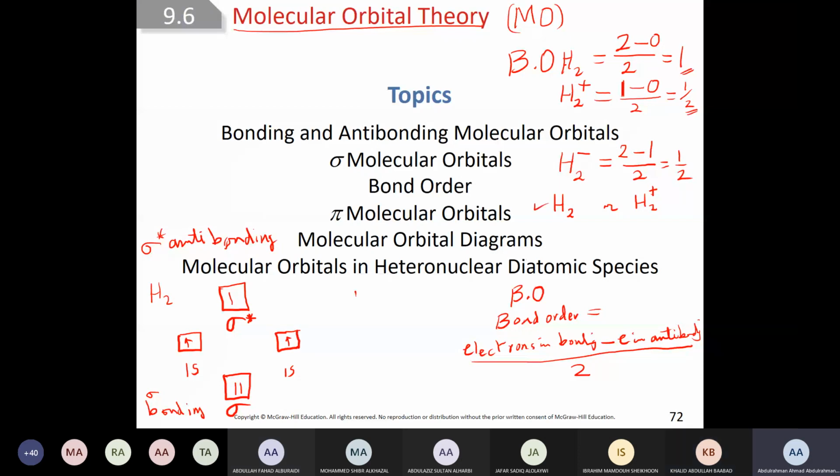Exactly. Which one is shorter, H2 or H2 plus? Also H2. Why? The stronger the bond, the shorter the bond. The stronger means very strong attraction. Is this clear?